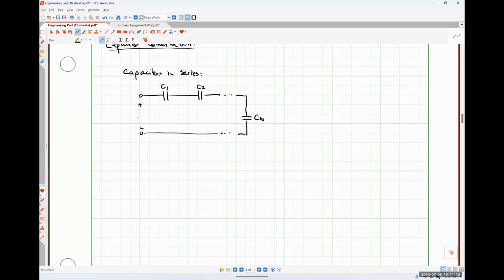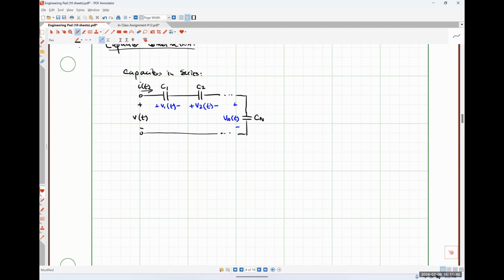This is the voltage drop across my network of capacitances. This is the current flowing into my network of capacitances. And I'm going to define a voltage drop V1 across capacitor 1, V2 across capacitor 2, and Vn across capacitor n, like so.